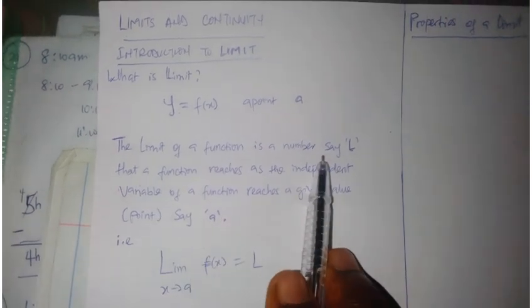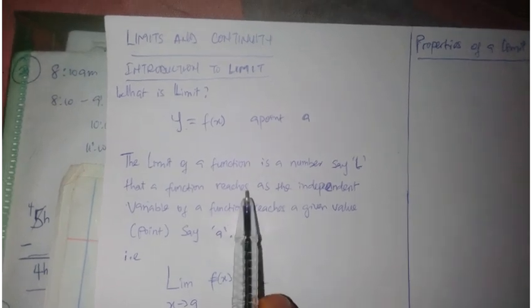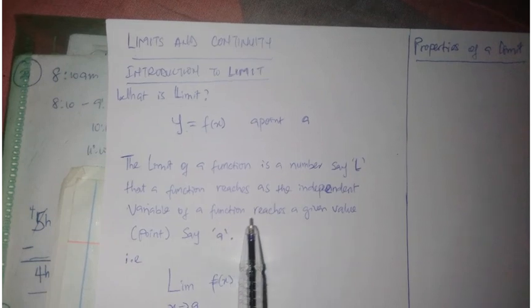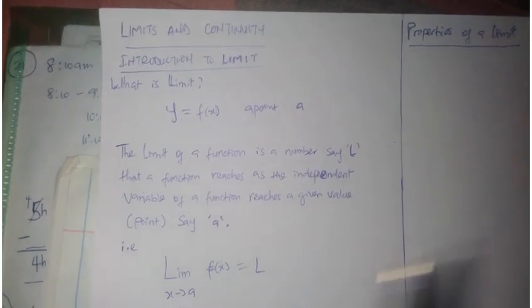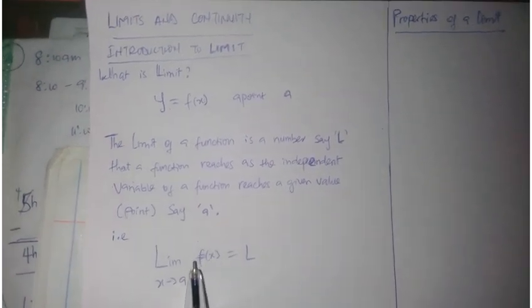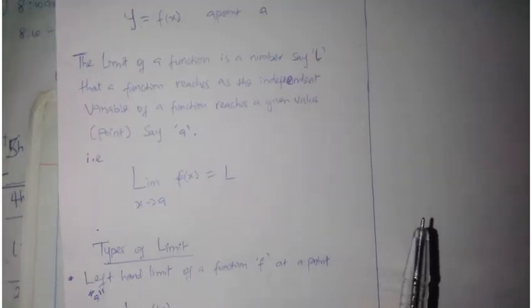So the limit of a function is a number that a function reaches, that is L, as the independent variable x reaches a given value or point a. Reaches there means tends to a. So x tends to a, of the limit of a function f of x, the answer is L. As simple as that.